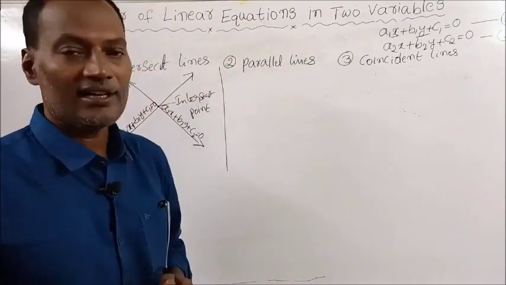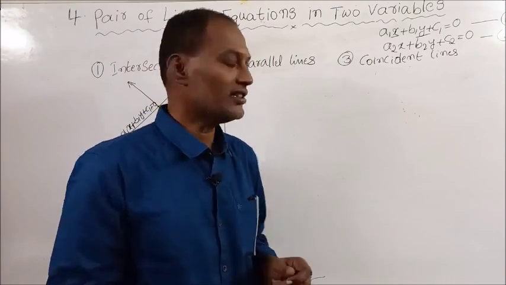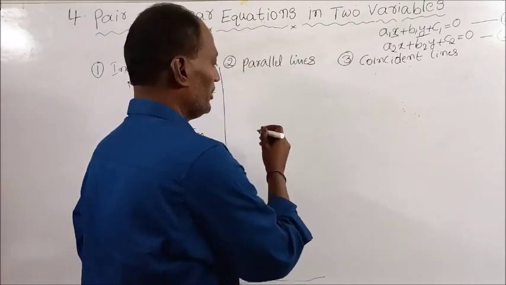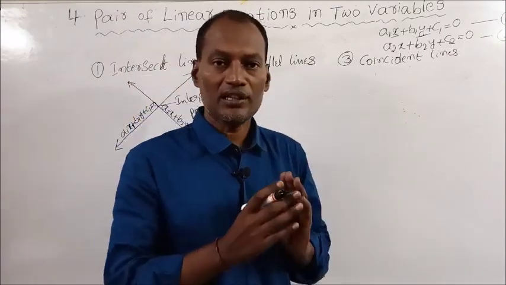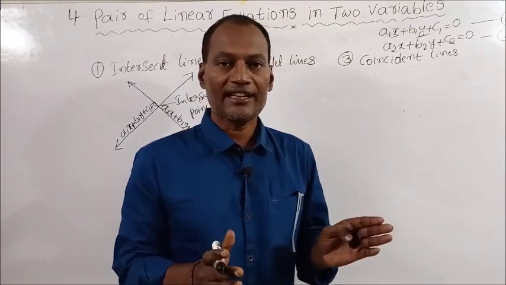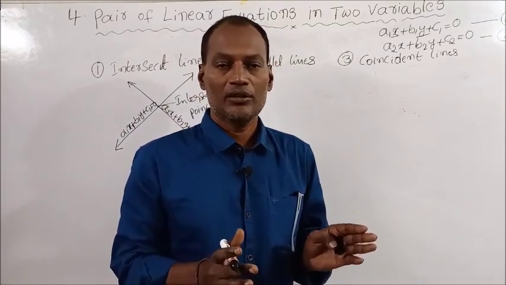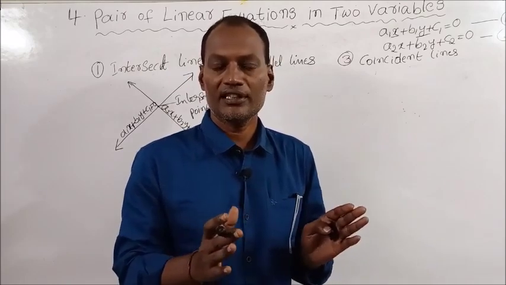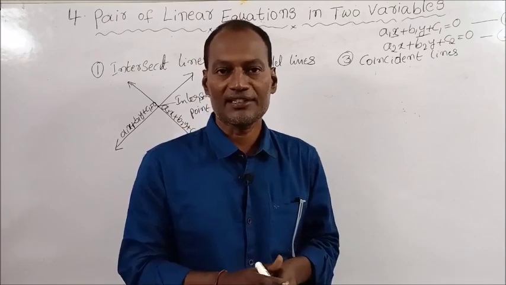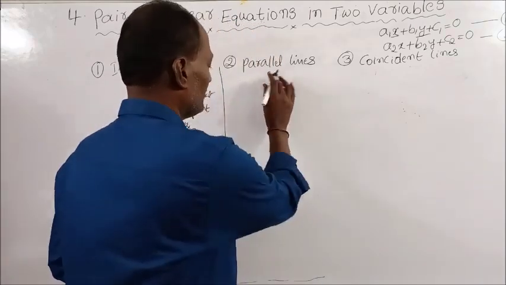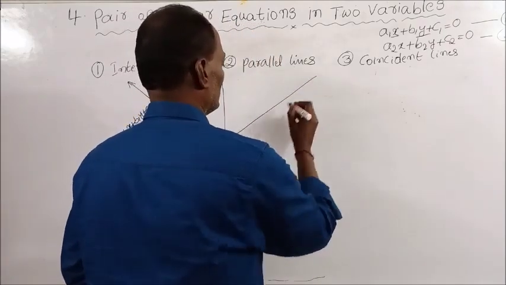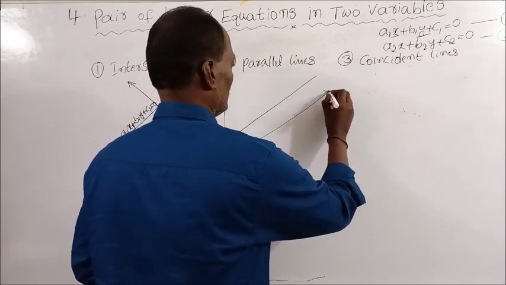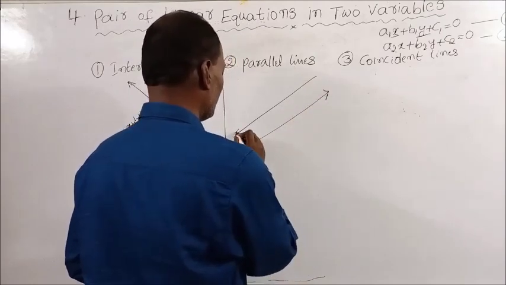What are parallel lines? Parallel linear equations do not intersect. Like a track, we see how the track is going. The two tracks never meet, like this. Parallel. The best example is a railway track.